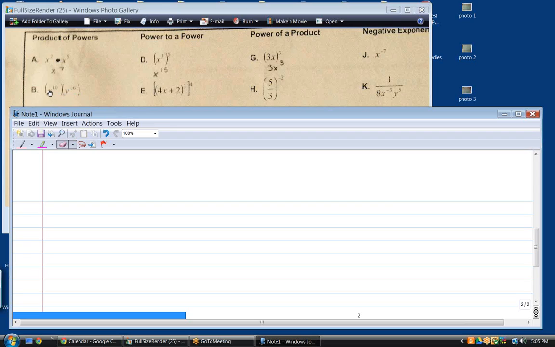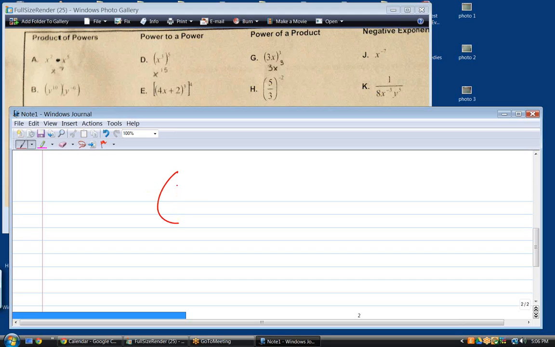I'm multiplying y to some exponent times y to another exponent. So what I have to do with the exponents is always one level less than multiplication. The same thing you did in A. We added the exponents. So what's the answer on B? Y to the 4th? Correct.